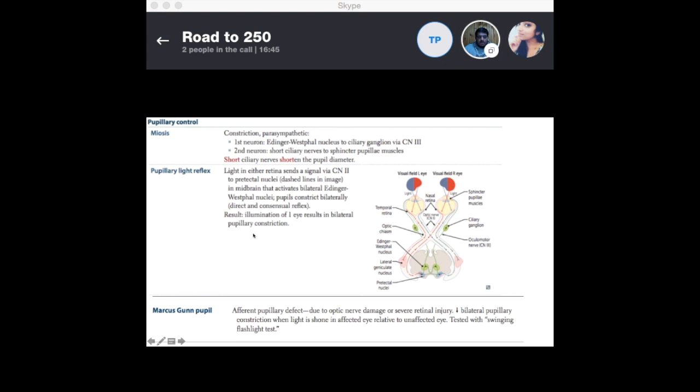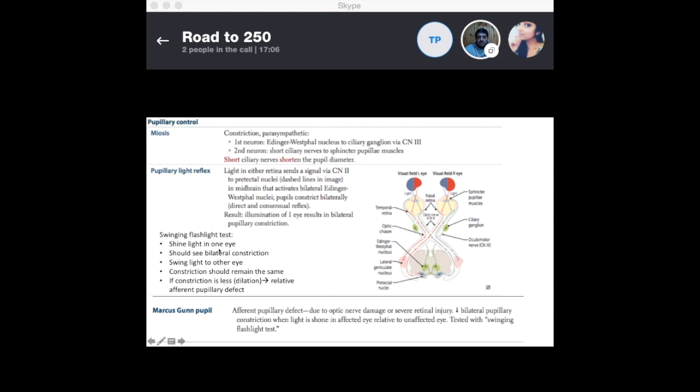Simple. Now, if you have an afferent pupillary defect, that's due to optic nerve damage or severe retinal injury, which decreases your bilateral pupillary constriction when the light is shined in the affected eye relative to the unaffected eye. And you can use the swinging flashlight test.